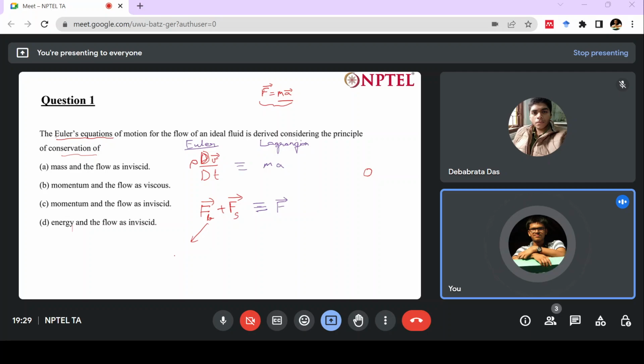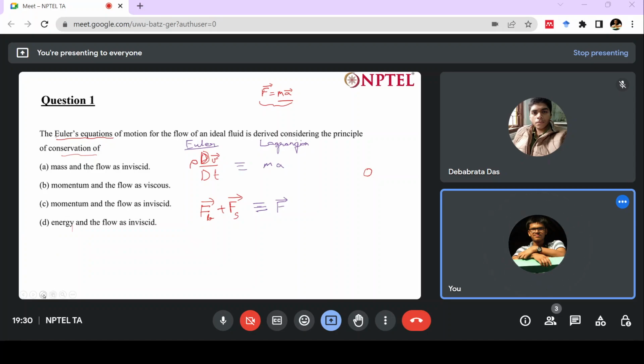Suppose, for example, what is an example of a body force? One of the examples is gravity. It's a very common example. So how can gravity be defined? Since it is defined in my Lagrangian framework, let's do it one by one.